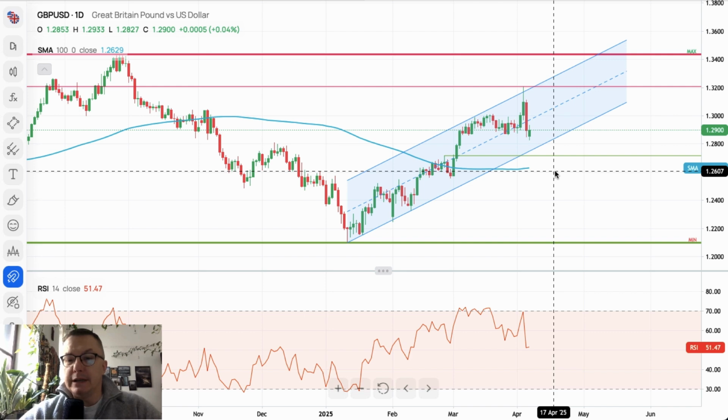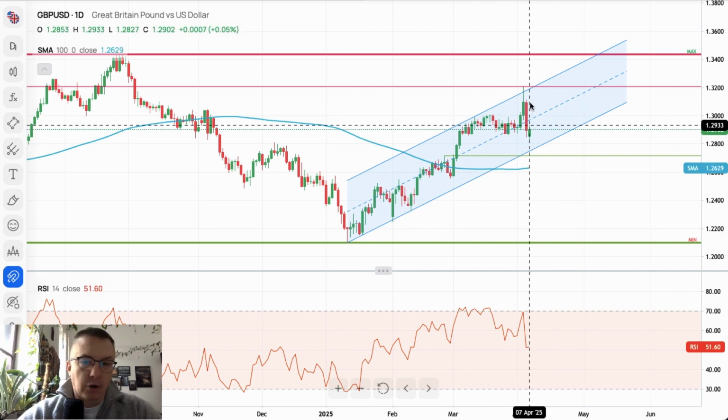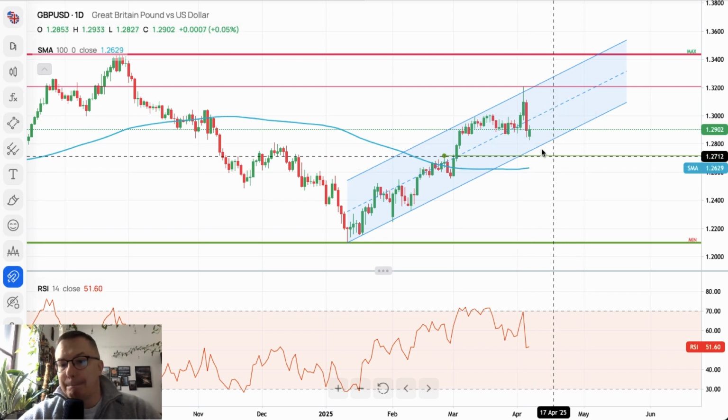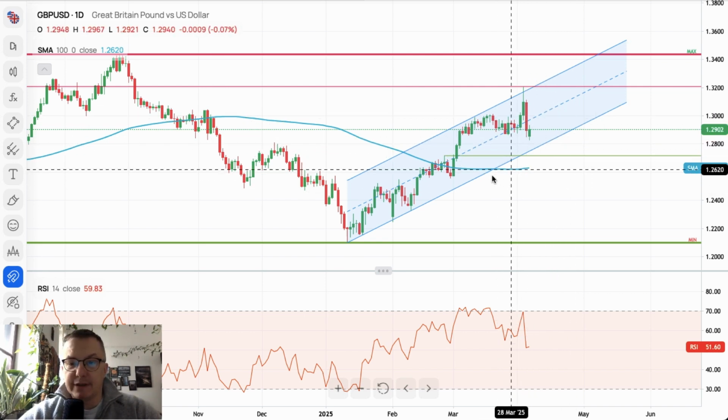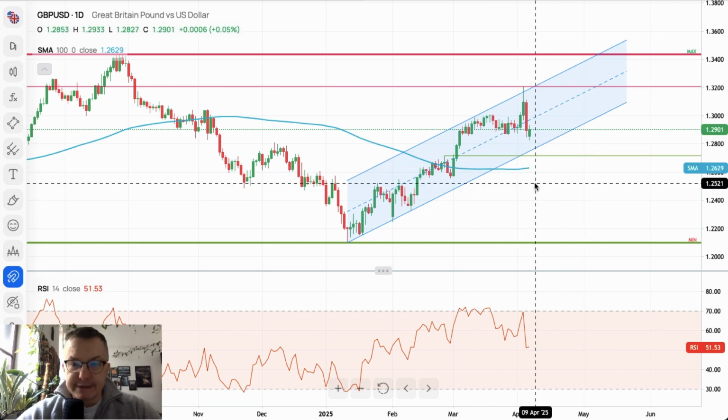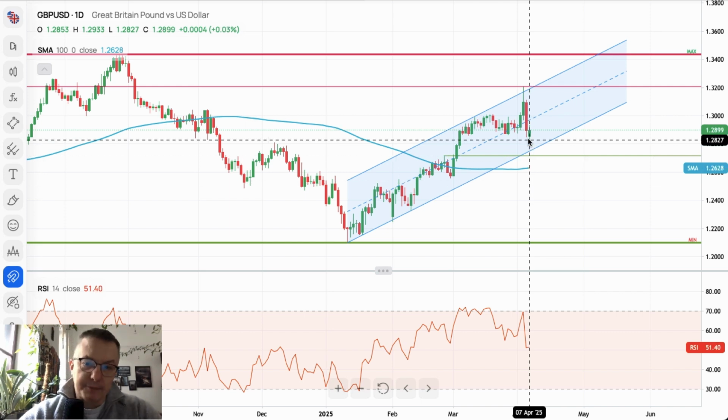So if bulls want to keep the pace of this upside movement, they need to defend the channel, defend the trend line, defend the moving average. 3 technical tools. We will see how the market will actually react on this situation when the price gets there, if the price gets there.